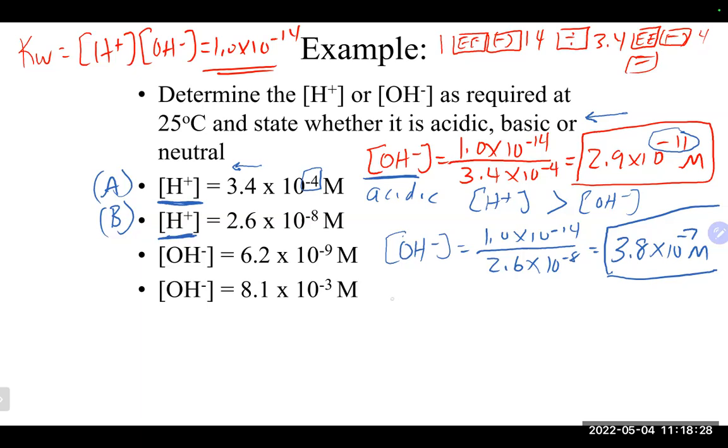Continuing on here, we actually are given the OH minus, doesn't really matter. It's pretty much the same deal. We're going to do H plus in this case is equal to 1 times 10 to the minus 14 divided by 6.2 times 10 to the minus 9. Again, making sure to use our exponent button when we punch that in.